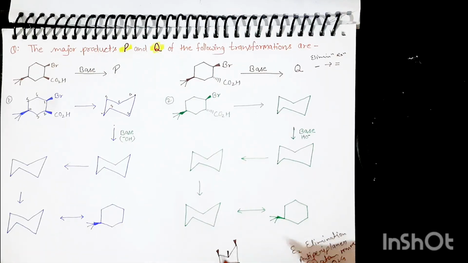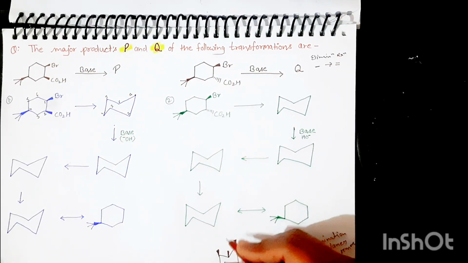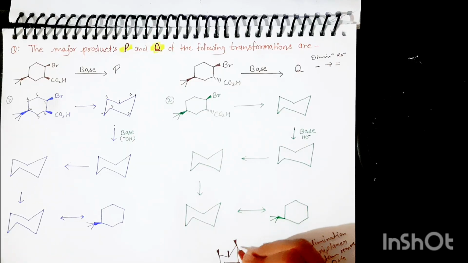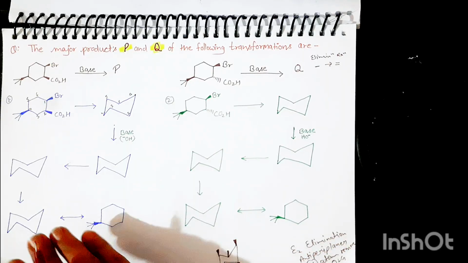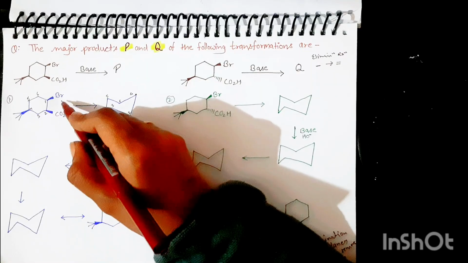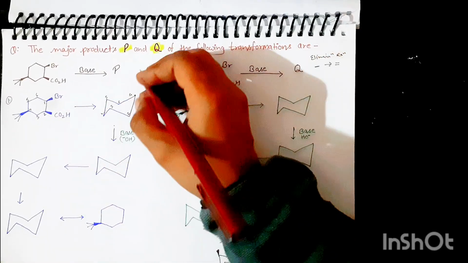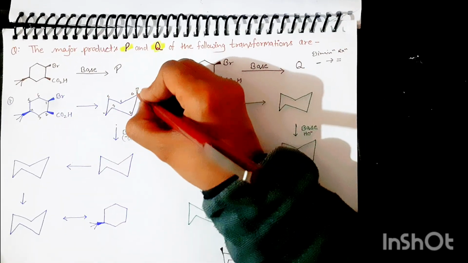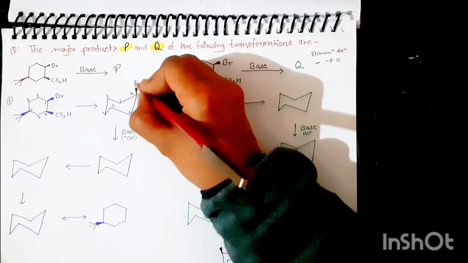So we always keep in mind all upward axial positions are shown by wedge, and downward axial positions are always represented by dash. So on C1 carbon they give one bromine atom at a wedge position. It means axial position. So we draw bromine.